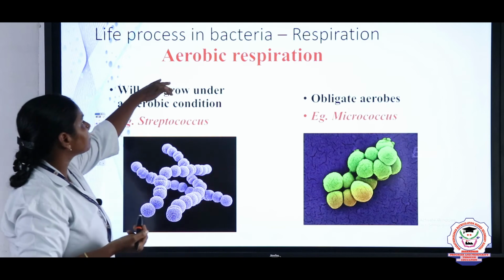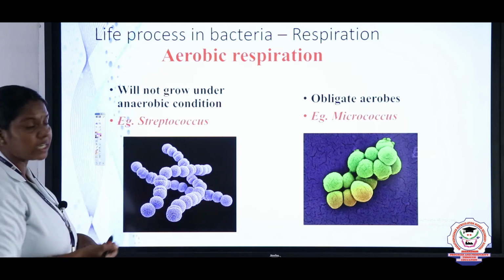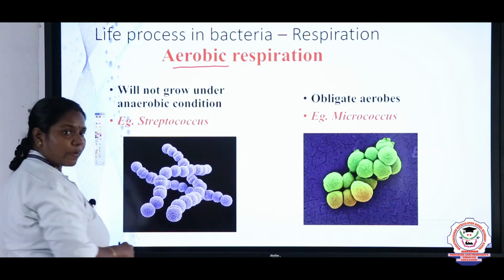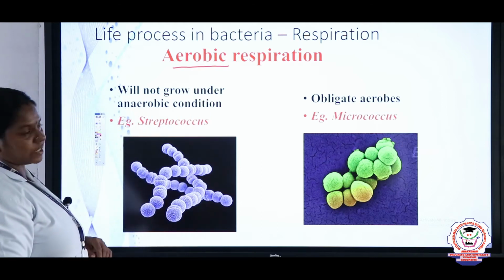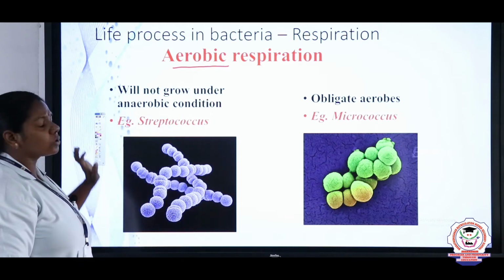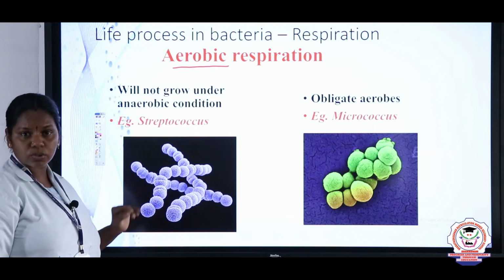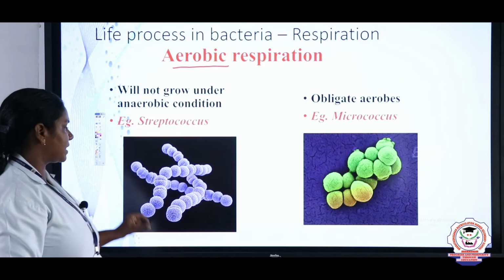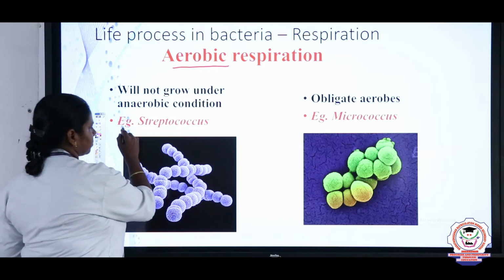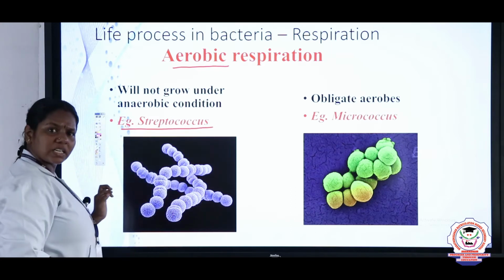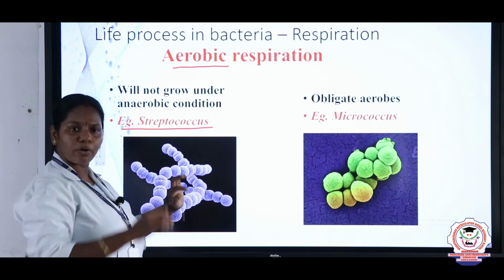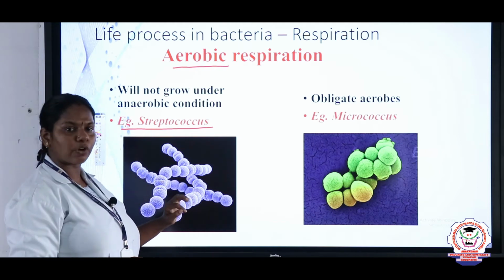So first we are going to study about the respiration, that is aerobic. Aerobic means they require oxygen for respiration. So they cannot grow without oxygen. Such microbes, such bacteria, we call as aerobic. Example, Streptococcus. Streptococcus is arranged in the form of a filament, in the form of a chain.